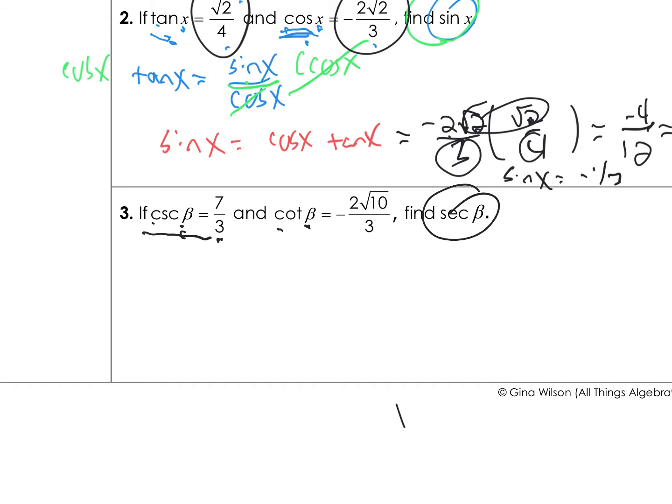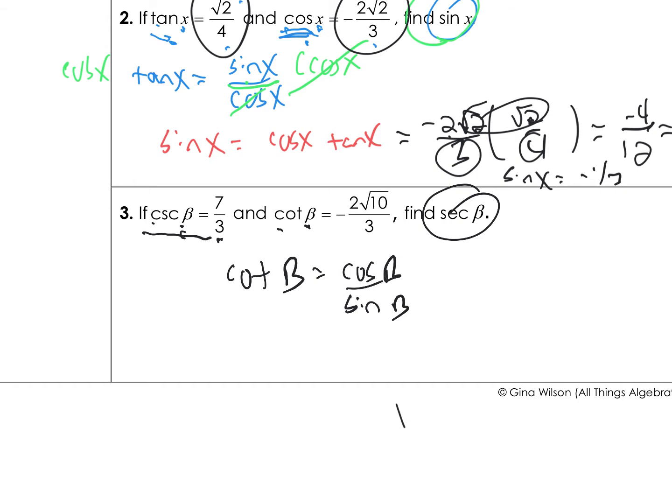I think for this one, I'll resort to looking at the identity for cotangent, because secant is related to cosine, and there's no cosine in cosecant. So let me say that cotangent, and I'm winging it, sometimes I'm wrong, is equal to the cosine of beta over the sine of beta.